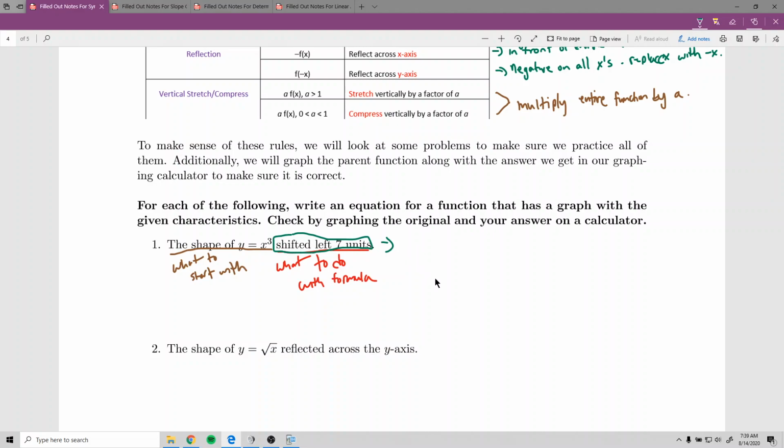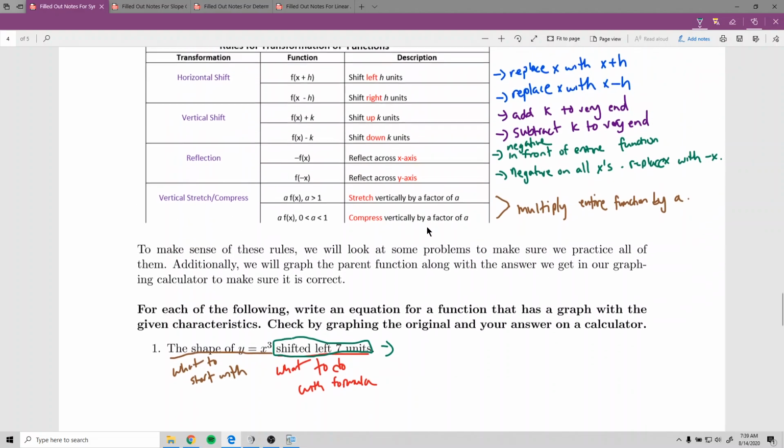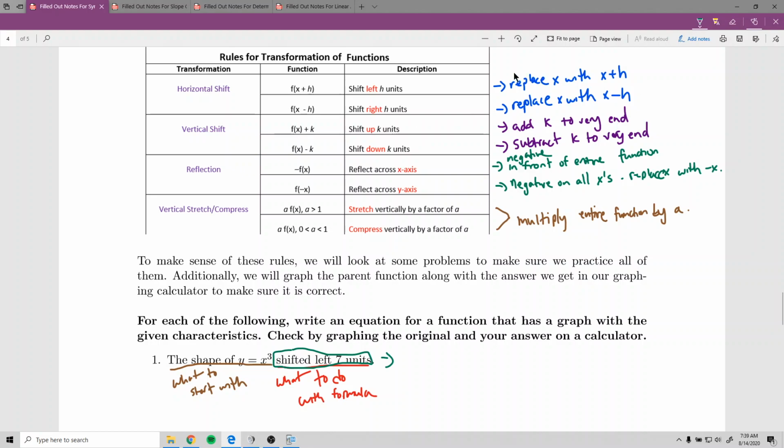So if we want to shift left 7 units, I'm going to scroll up here so you can see, even though you're not going to have this on the test, but it's good when you're starting. Left or right means you replace x with something. If we're going left, we replace it with x plus that number. If we're going right, we replace it with x minus that number.